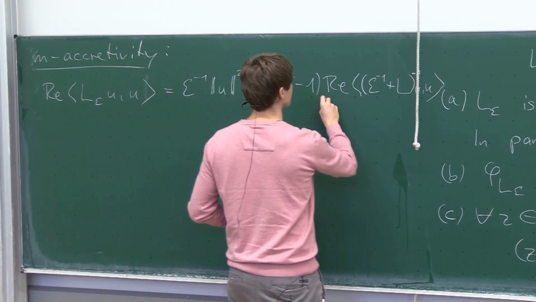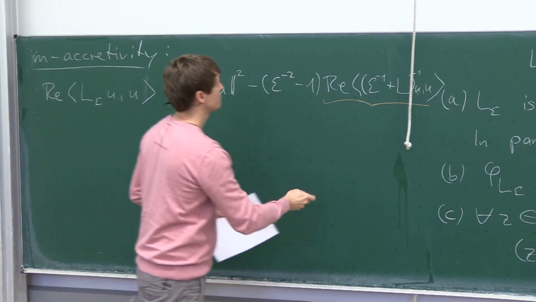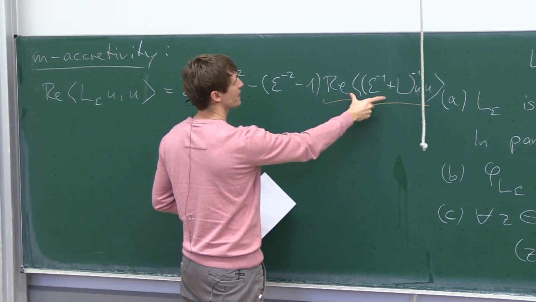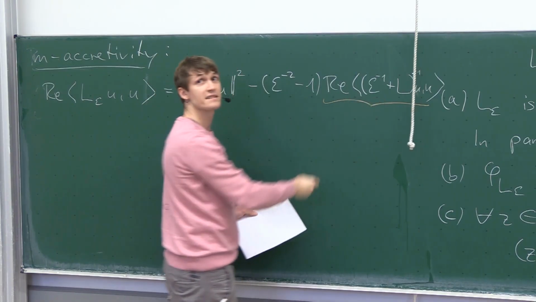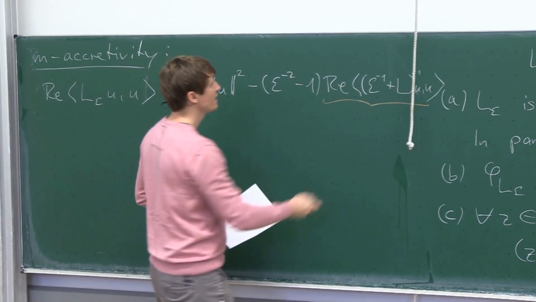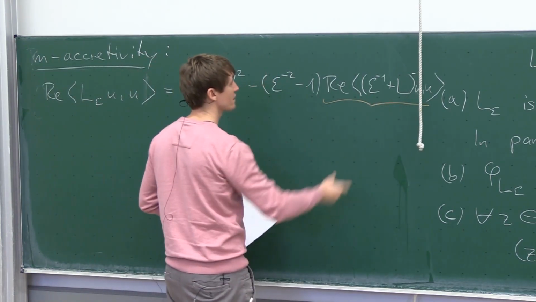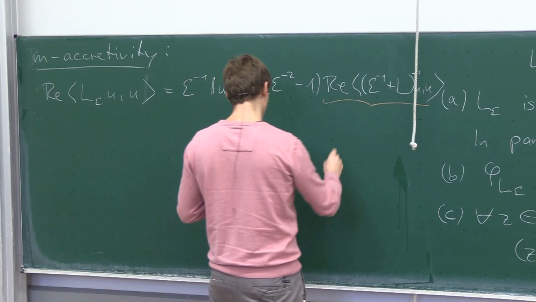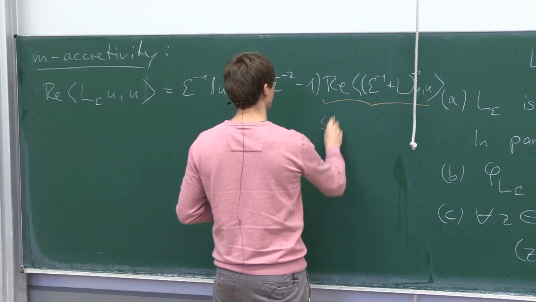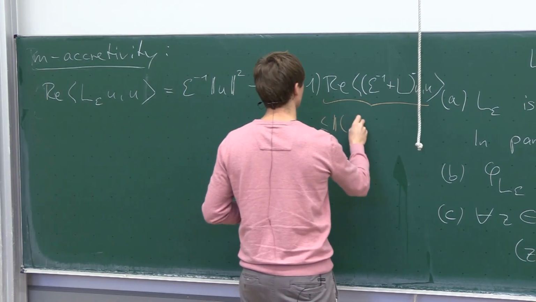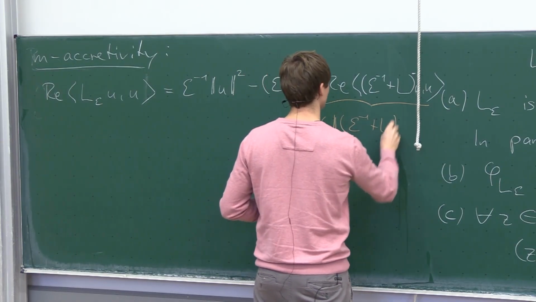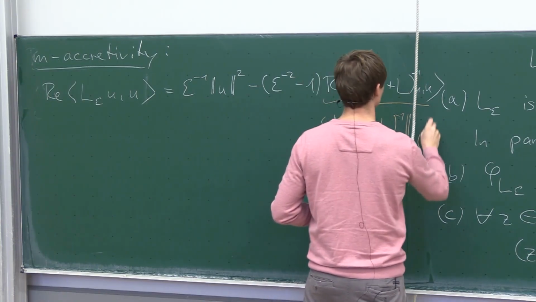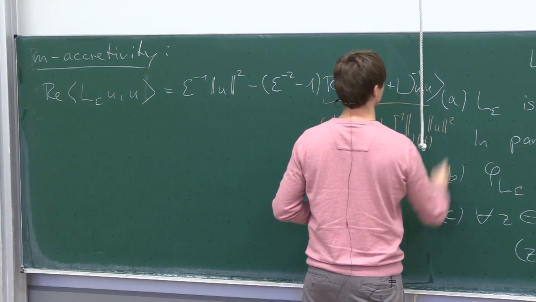So we make the real part of this inner product always larger if we apply, for example, the Cauchy-Schwarz inequality to this inner product, and then we apply here the resolvent, just the definition of the operator norm, and this can then be controlled by the operator norm of epsilon to the minus 1 plus L inverse times the norm of U squared.